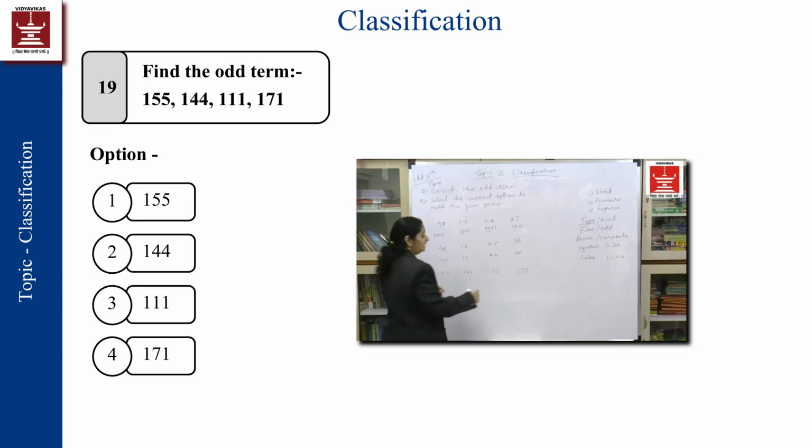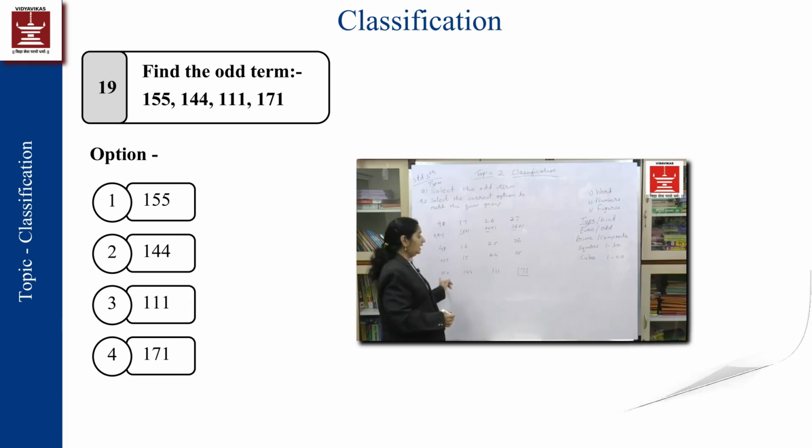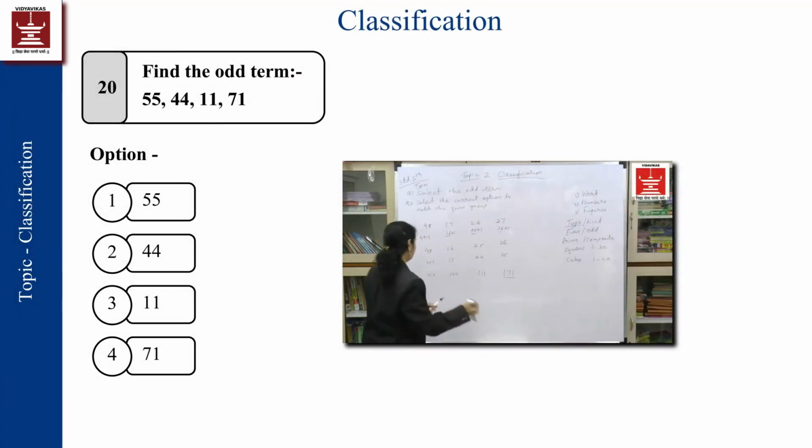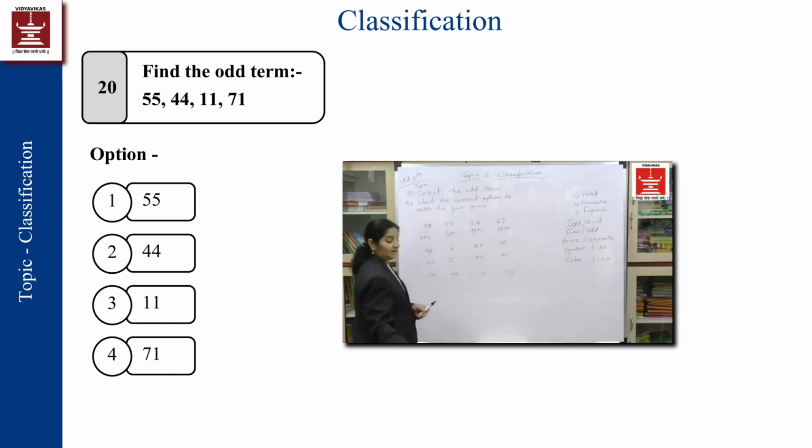You will see that 171 is the number which is not divisible by 11. Their last two digits are divisible by 11, or we will say that their differences are in terms of 11. Then this becomes a very easy category question. It's 55, 44 and 11. Very, very easy category question.